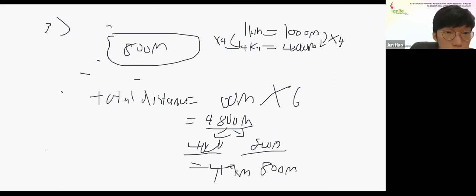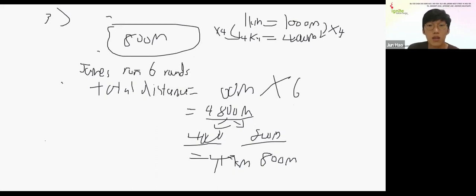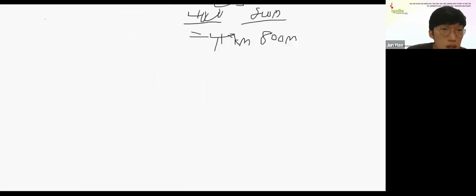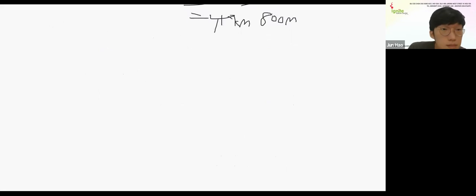So James ran 6 rounds, 800 meters times 6. You hopefully get it.